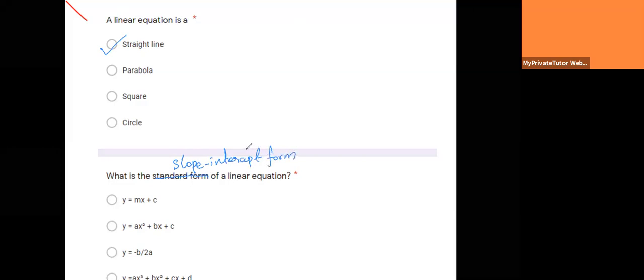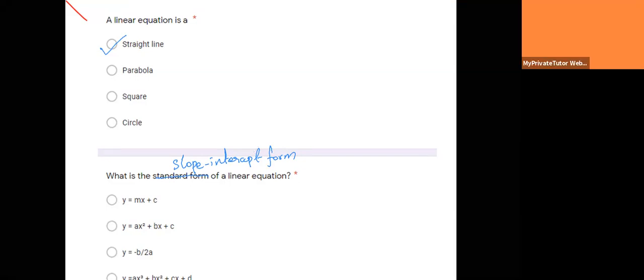Second one, what is the slope-intercept form of the linear equation, guys? Y equals mx plus c. Yeah.